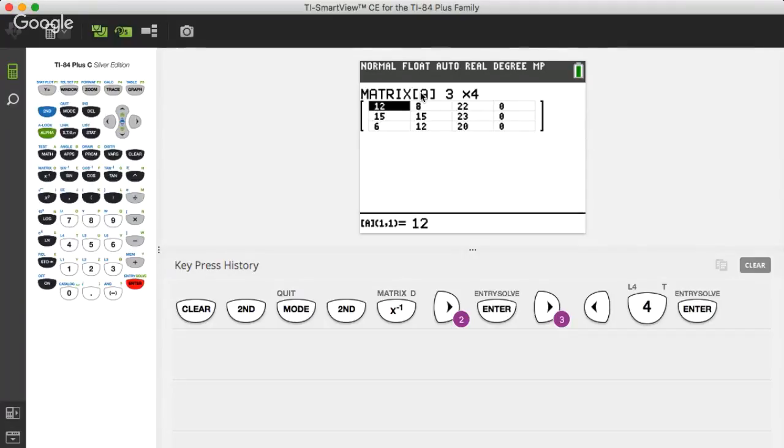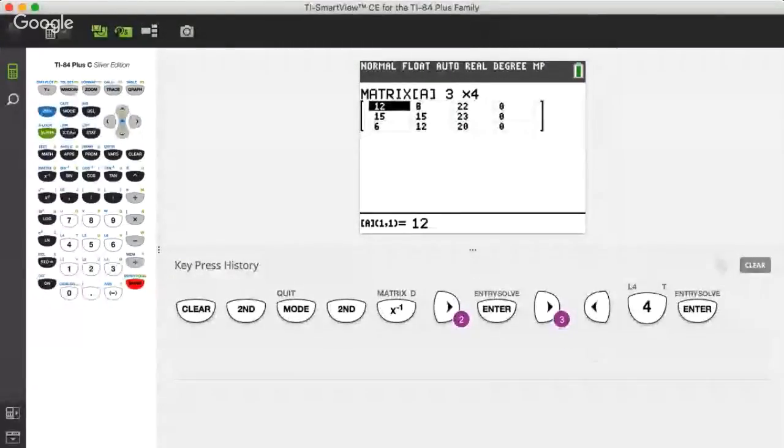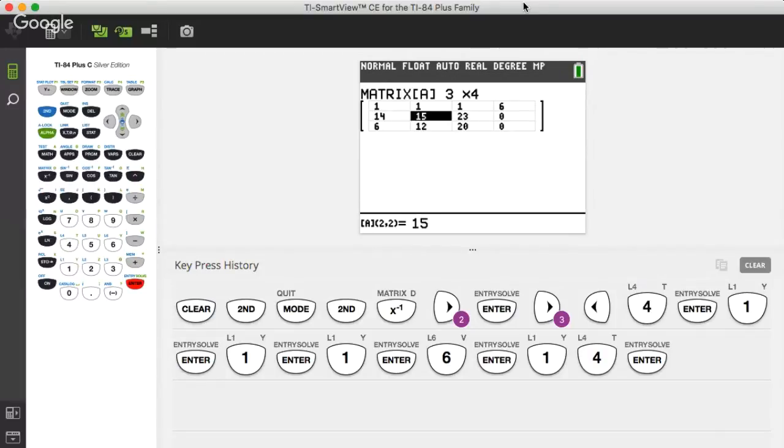And just like we plugged in earlier, you're going to do that same thing. So 1 enter, 1 enter, 1 enter, 6 enter. This is the exact one we just did.